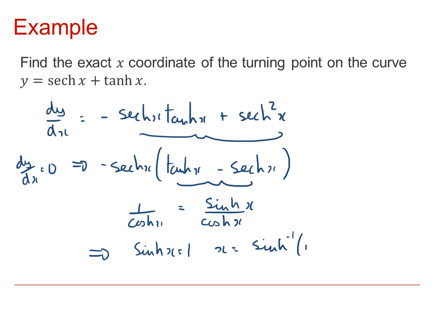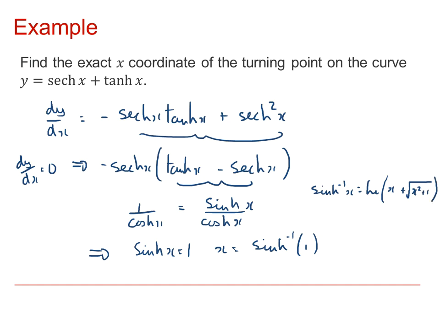Now in your formula sheet there is a formula for sinh inverse of x, so make sure that you're familiar with that one as well. So your formula sheet says that sinh minus 1 of x is natural log of x plus root x squared plus 1.